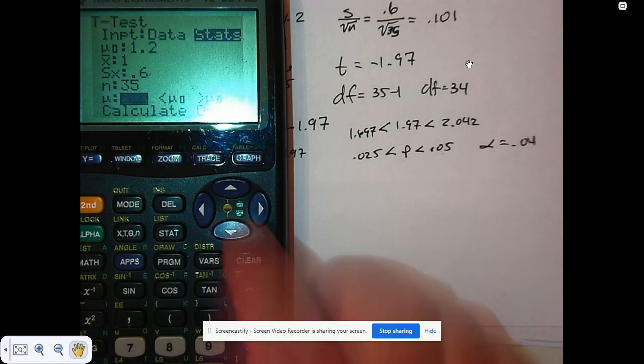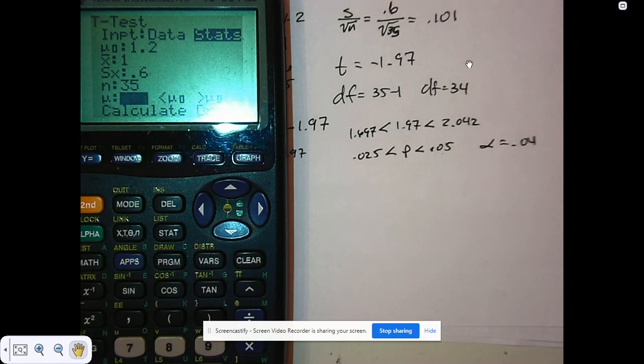And I am running mu less than 1.2. So I'm running a less than, or a one-sided t-test. So that is what I want right there. Not the not equal, but the less than. Okay? And I'm going to go and calculate.